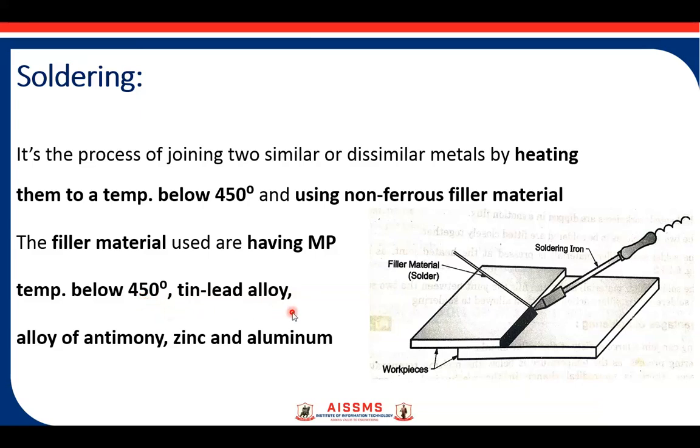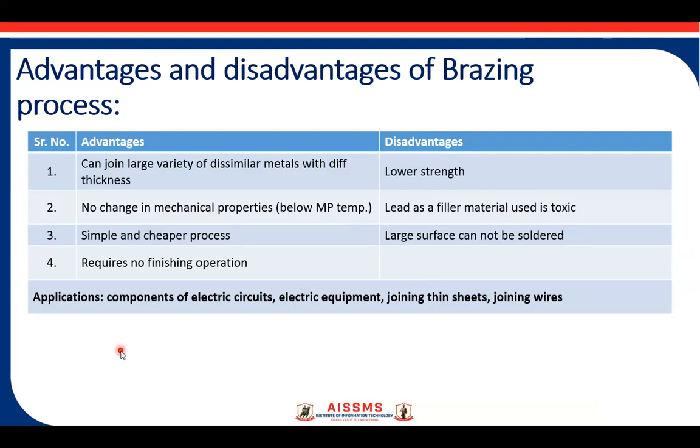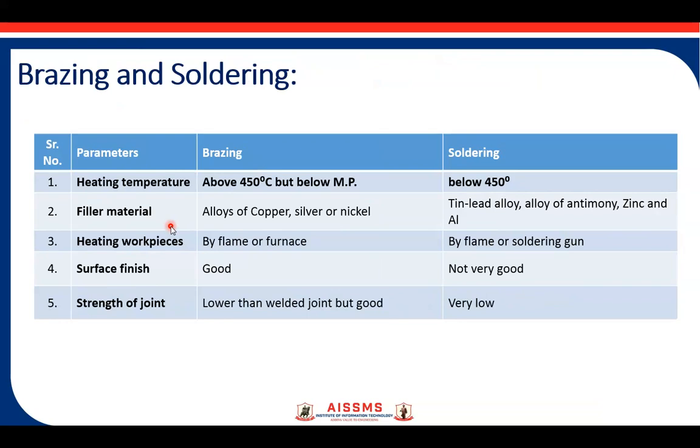So tin or lead alloys, or the alloys of antimony, zinc and aluminum can be used as a filler material. Advantages and disadvantages of the soldering process: it can join large variety of dissimilar metals with different thickness. No change in mechanical properties, as it is similar to the brazing only.